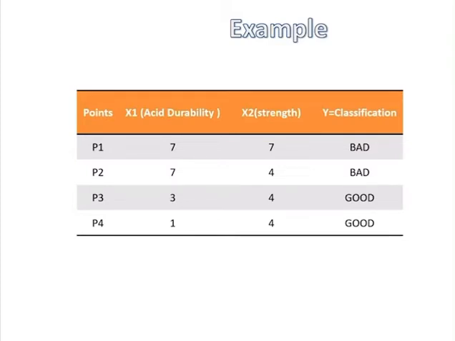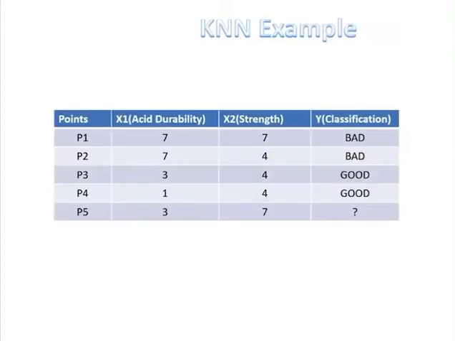And what is the problem? The problem is if we have a new data point, where we know the acid durability and the strength, we are faced with the problem of classifying it as bad or good. So this is point 5.